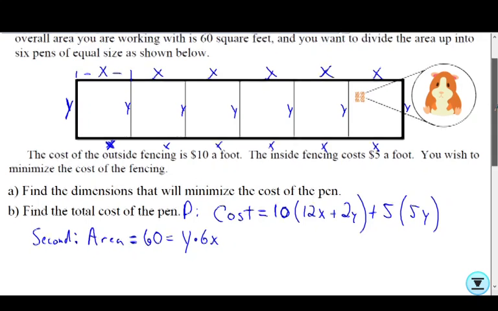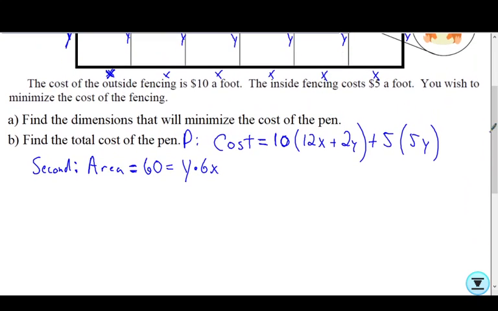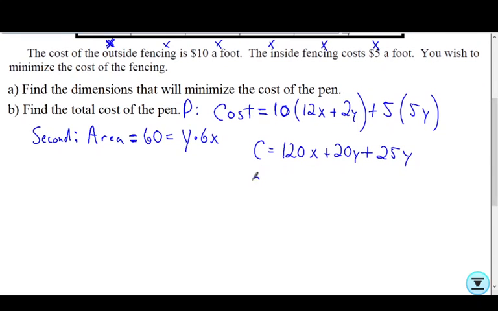So let's simplify our cost equation a little bit. So cost is going to be equal to 120x plus 20y plus 25y, which means my cost equation is 120x plus 45y.